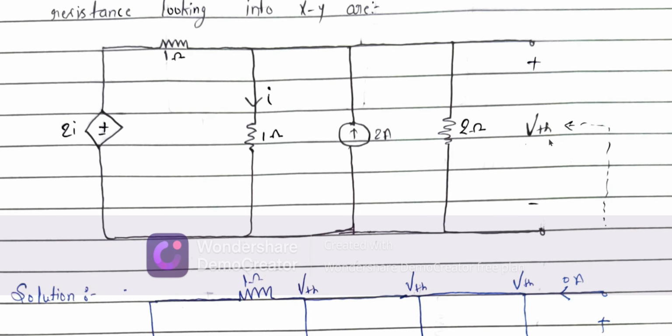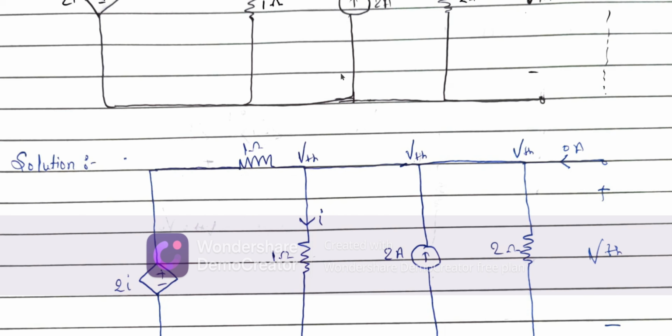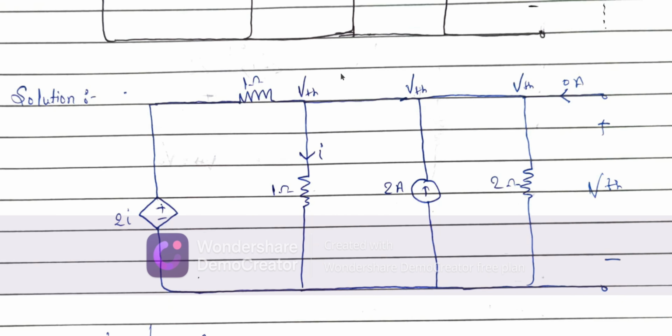Here VTH is at this node, and the voltage source potential and this potential are the same. The open circuit voltage is the same at this node, and similarly at this node. But a 1 ohm resistance is there, so at this node the voltage is different.